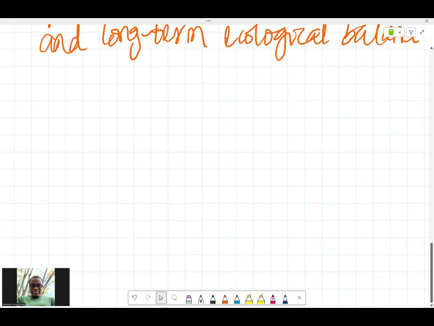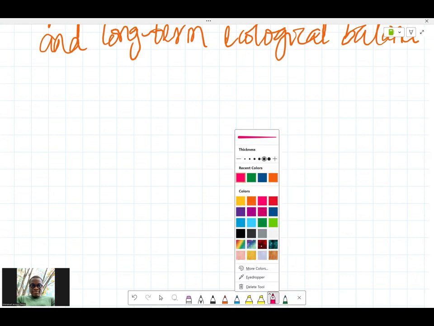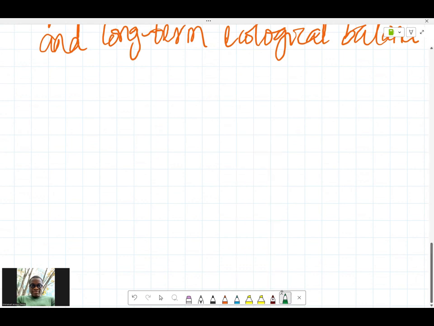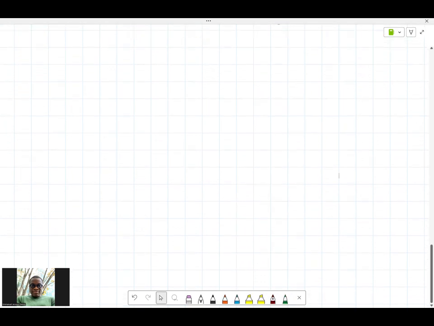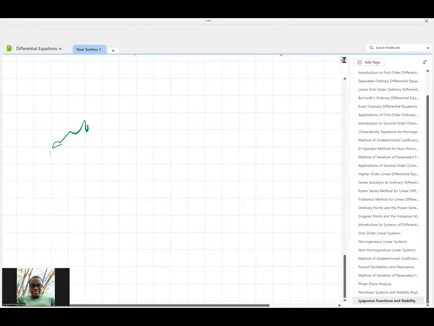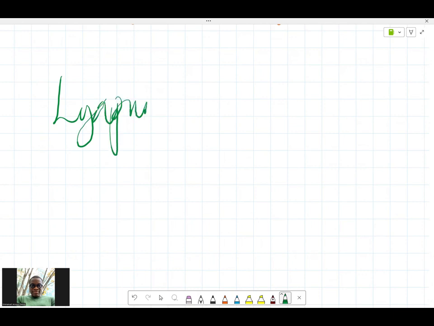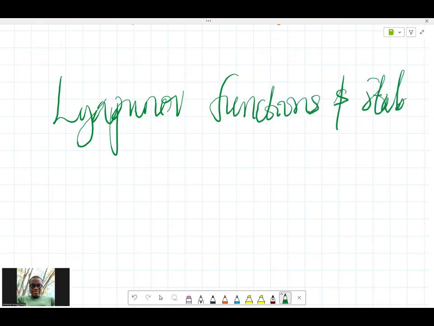Now, having said this, let's look at this next level, where we look at Lyapunov functions and stability.